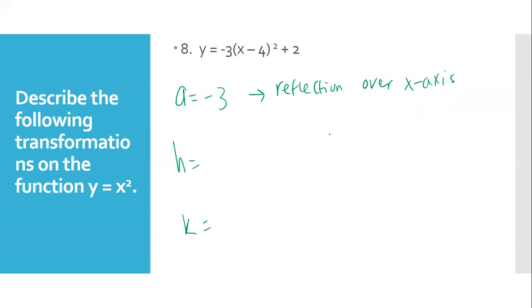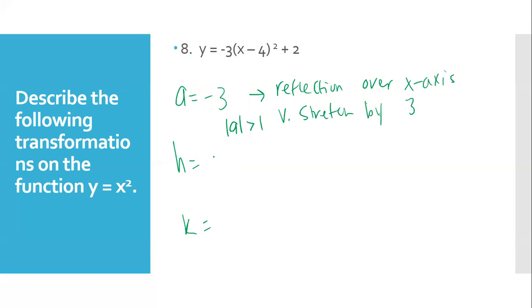Yeah, you could be a reflection and a stretch. And that's because the absolute value of your A is greater than 1. The negative lets us know the reflection.